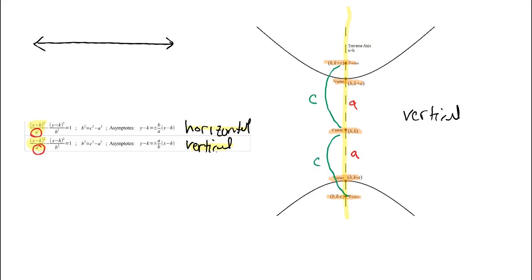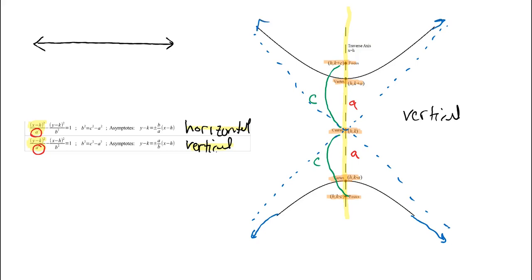There are also asymptotes, and the asymptotes pass through the center. And they'll show you where the hyperbola will be drawn. So along the ends here, the hyperbola will be getting closer and closer to those asymptotes.